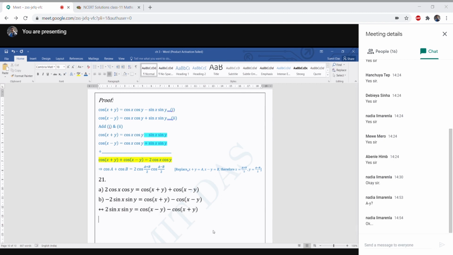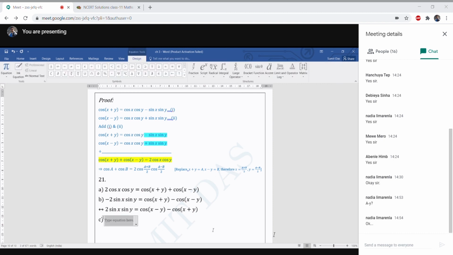Okay, so this is the vice versa. Next, 2 sin x cos y equal to sin(x plus y) plus sin(x minus y).